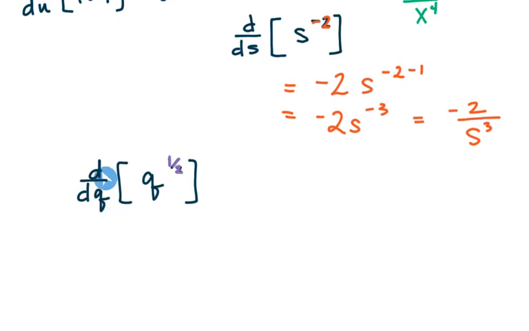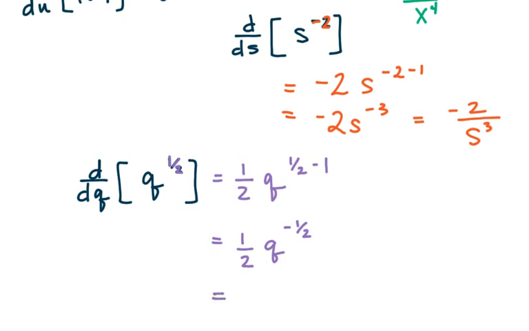This means take the derivative with respect to the variable q. So in this situation, I will have 1/2 q to the 1/2 minus 1. That is the same as 1/2 q, and 1/2 minus 1 is negative 1/2.